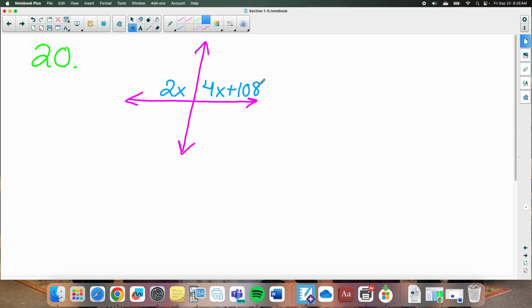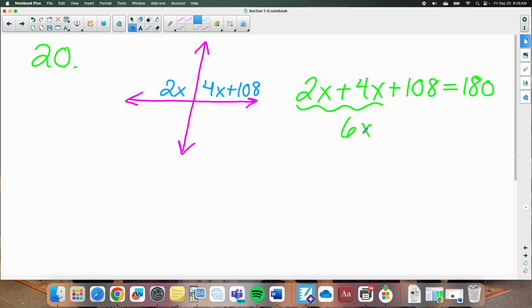So if they form a line, you guys took those notes down yesterday, that if the two angles form a line, add them together and set them equal to 180. So what we would do there is we would say 2x plus 4x plus 108 is going to equal 180. 2x plus 4x is 6x plus 108 equals 180.